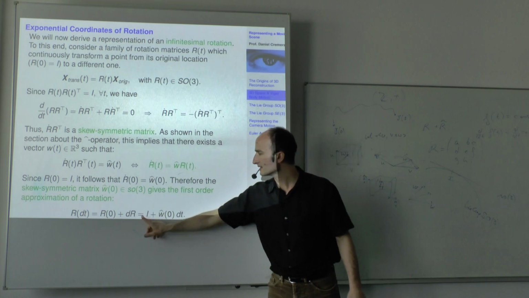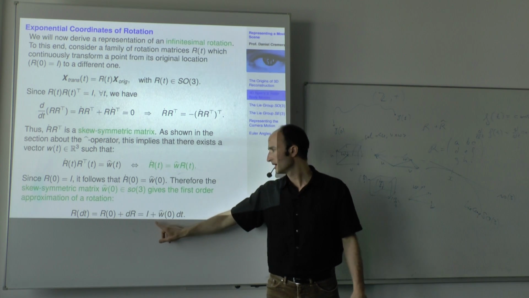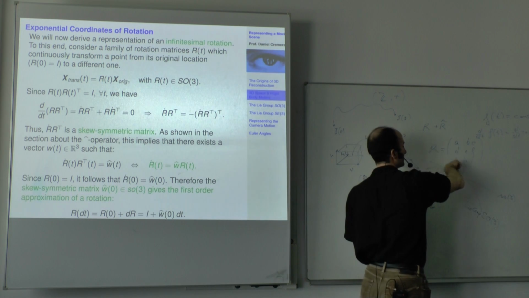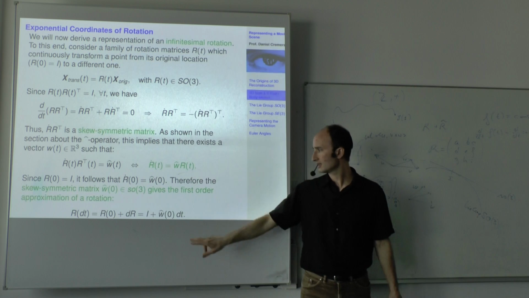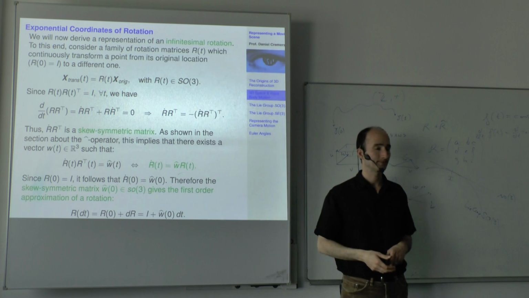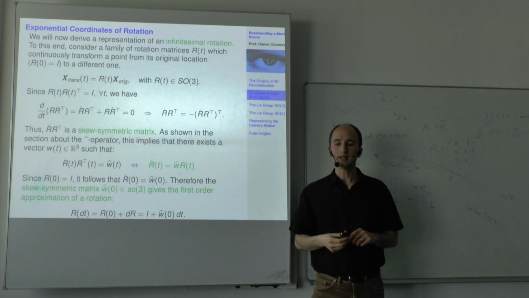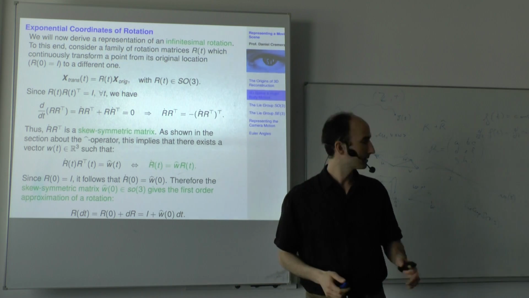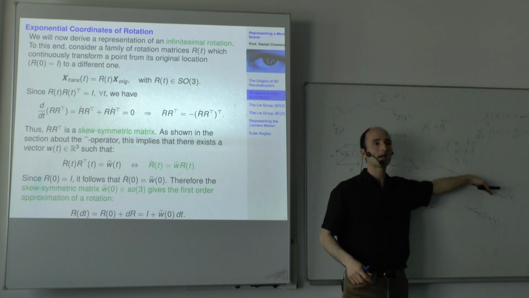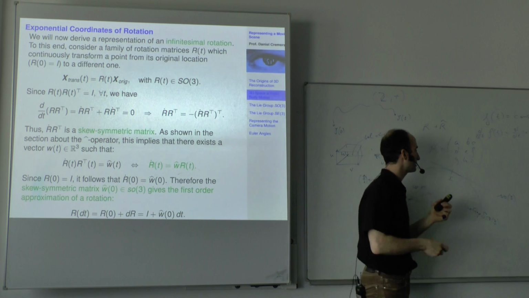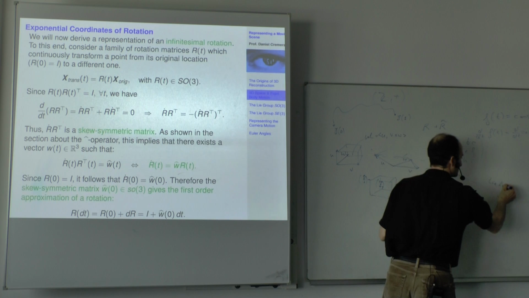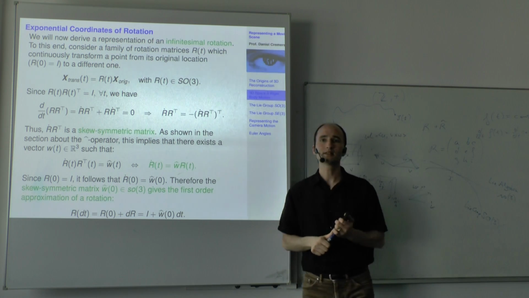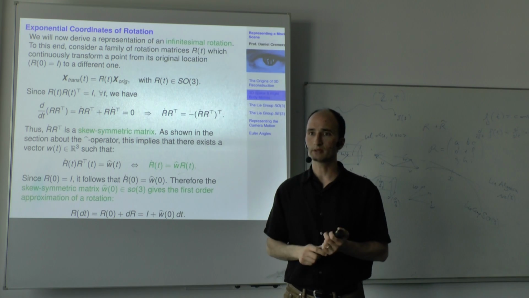And so we see that the change in rotation is nothing but a move in the direction of the tangent space, in direction of W hat. And the whole intuition behind doing this is that the skew-symmetric matrices that form this tangent space, called the Lie algebra, are a linear space, and this is the space that is much nicer to work with.